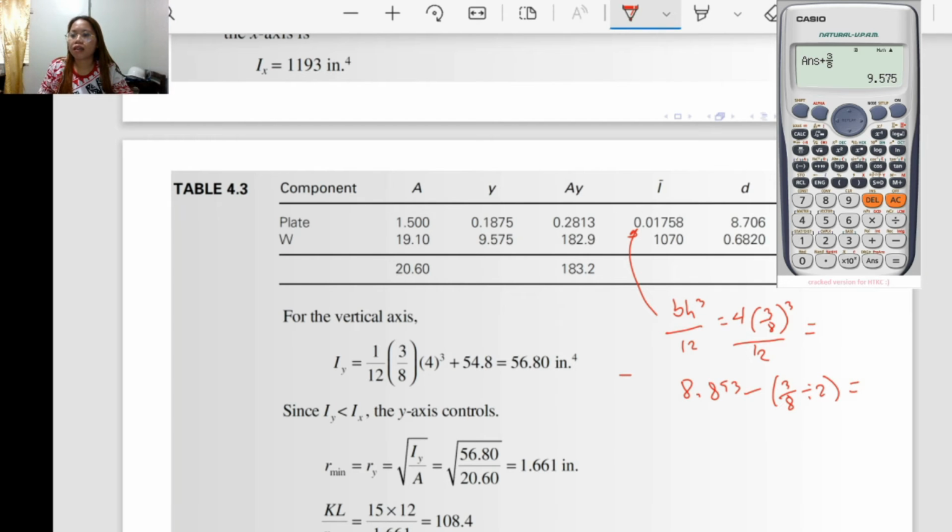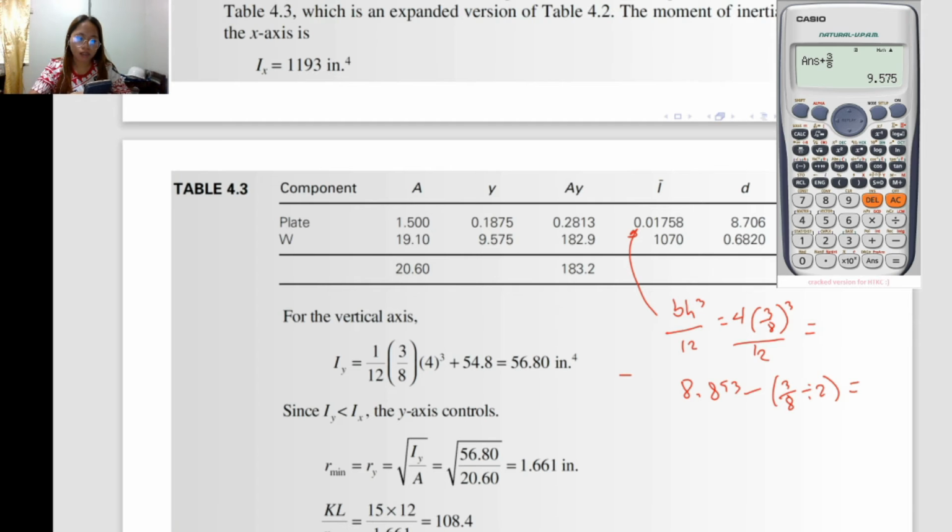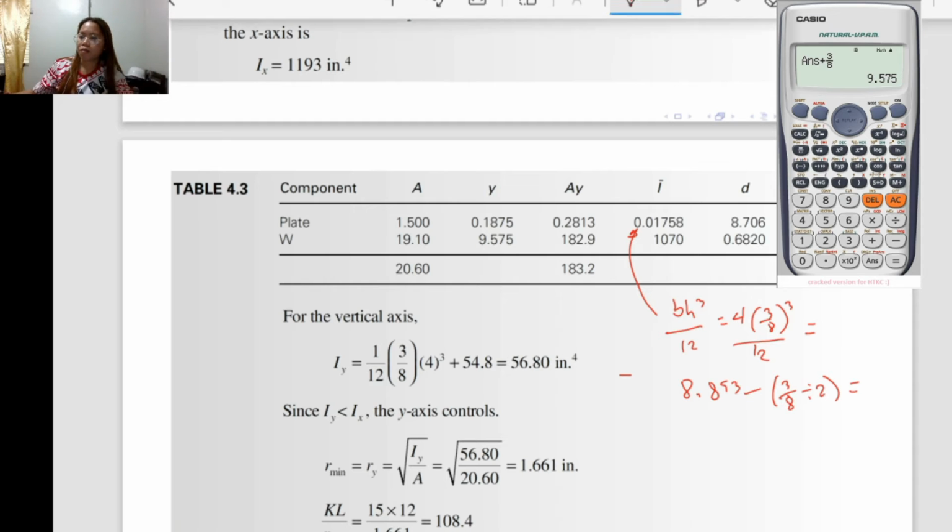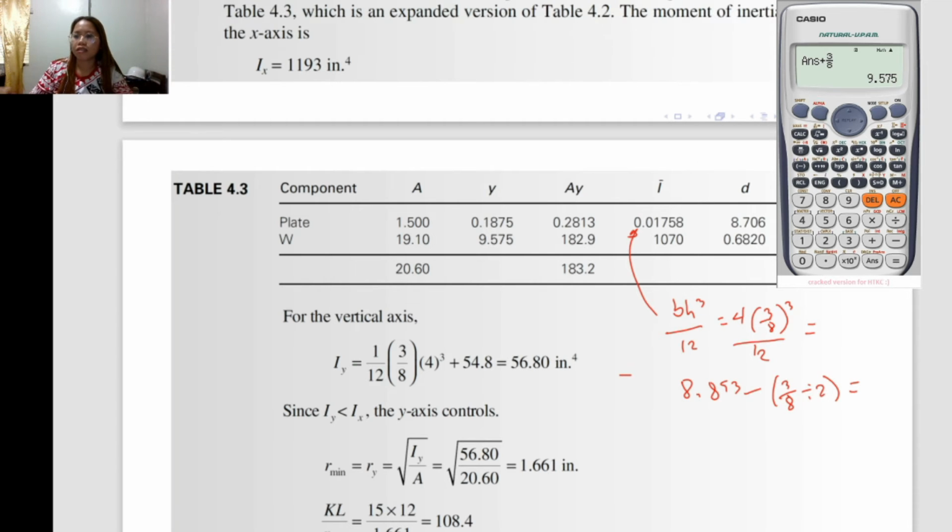So, what is it, right? That is the distance between the centroid of the individual component and the whole component.